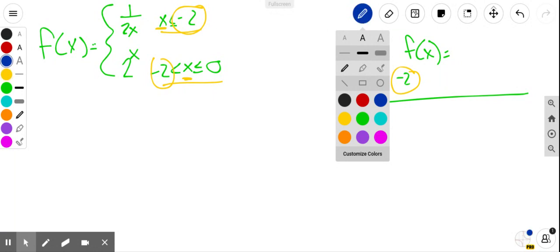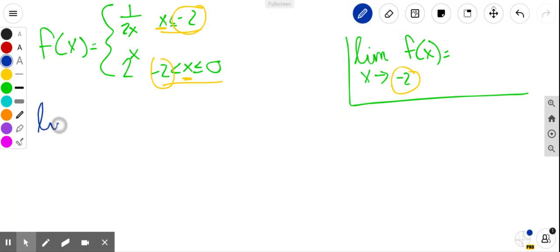So we need to determine the left-hand limit, so the limit as x approaches negative 2 from the left side of f of x, right? So because we know it's coming in from the left side, we're going to use this one right here.